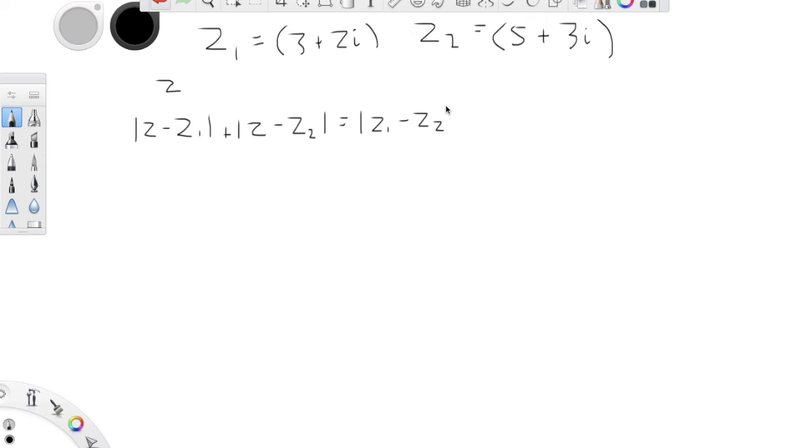Let me just note the z's, because that makes it easier to understand what's a z and what's a 2. Don't want to get confused with that.